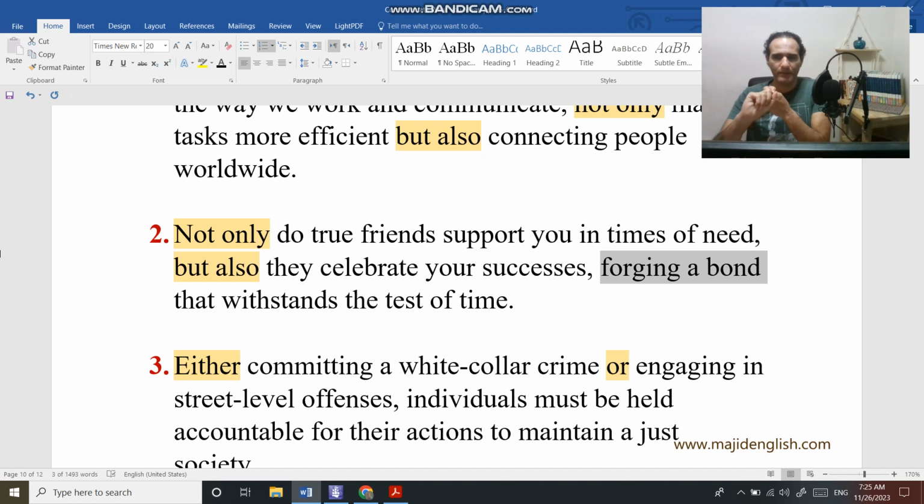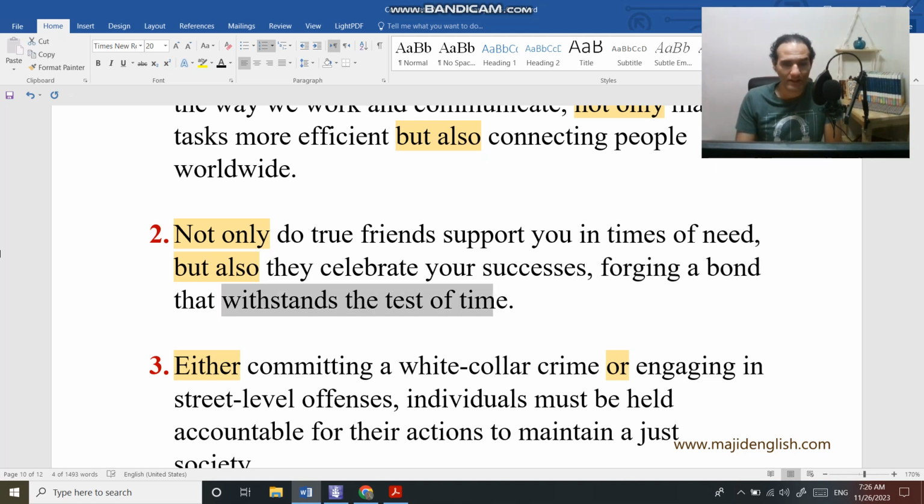Bond means link. So forge a bond, make a bond, create a bond that withstands the test of time. Withstands the test of time means throughout time it doesn't vanish. Very beautiful. Please add it to your vocabulary notebook. Forge a bond.